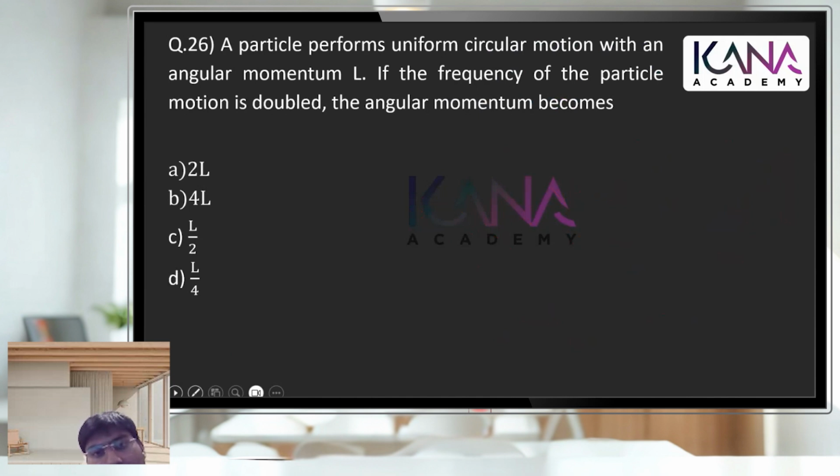Angular momentum is I times omega, where omega is 2 pi times frequency f. So L is directly proportional to frequency. If f is doubled, L is also doubled. So it's 2L.